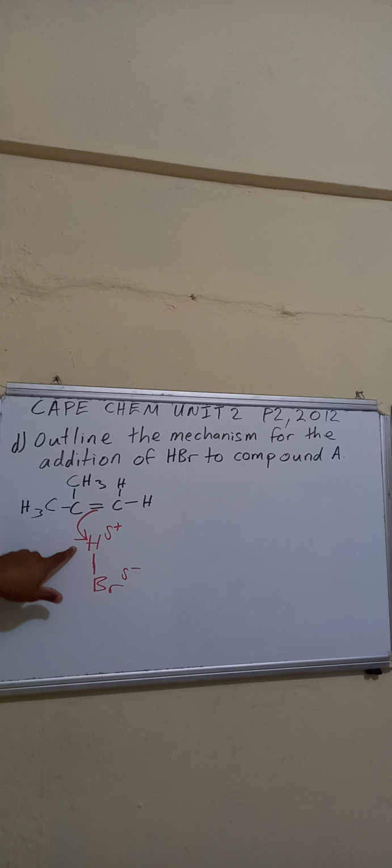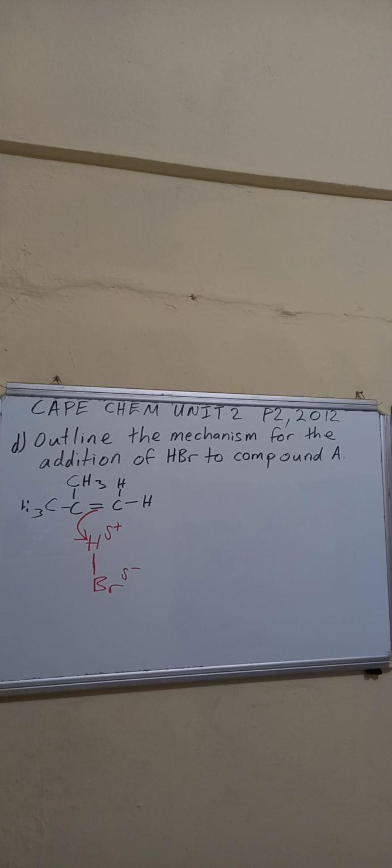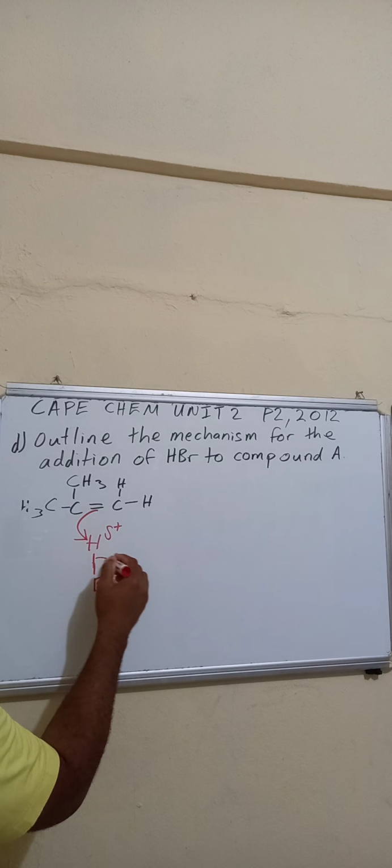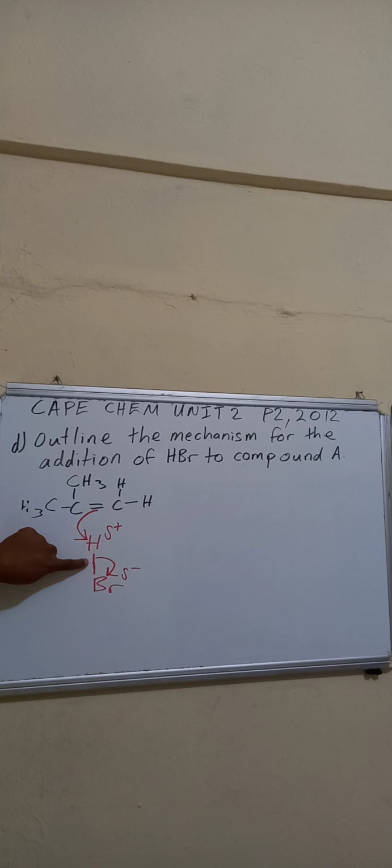It's a curved arrow because the pi bond is donating 2 electrons, so use a curved arrow. Once the bond is polarized, it's going to break heterolytically, so the bromine atom gets the 2 electrons from the bond. So again, we use a curved arrow. Ensure that the arrow is pointing from the source of the electron to where it is going. So the electrons here are coming from the bond to the bromine atom.